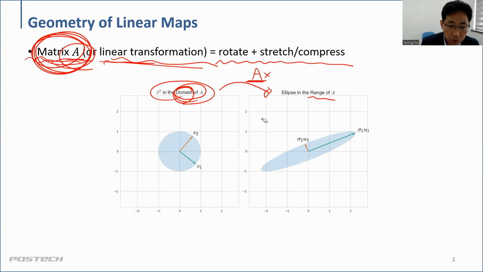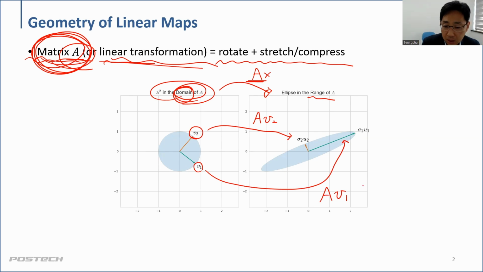And what we can do is, vector v over there, this AV2, this guy's translated AV1. So this one is sigma 1 U1, and this one is sigma 2 U2. V over there in the domain of A is V1 and V2. In the range of A, it was U1 and U2.